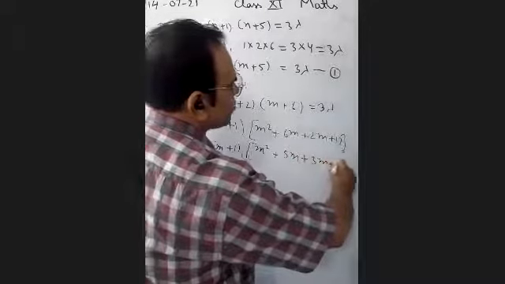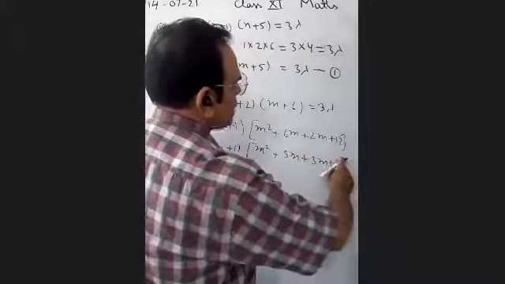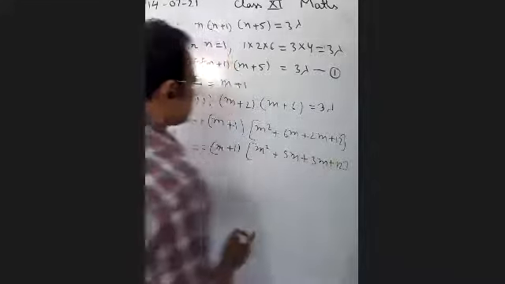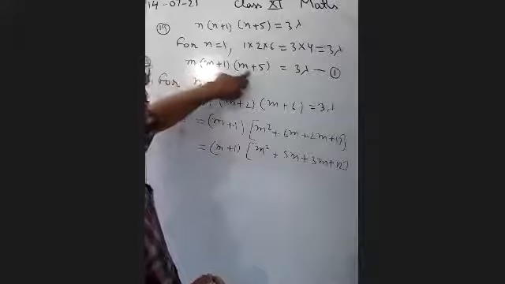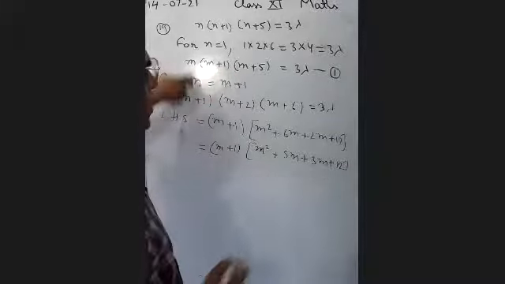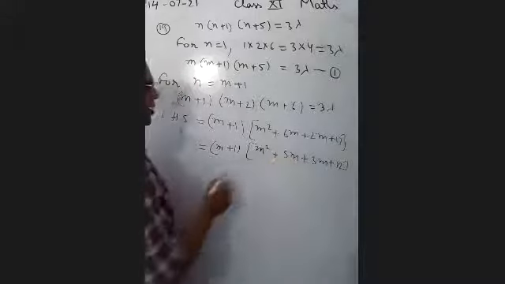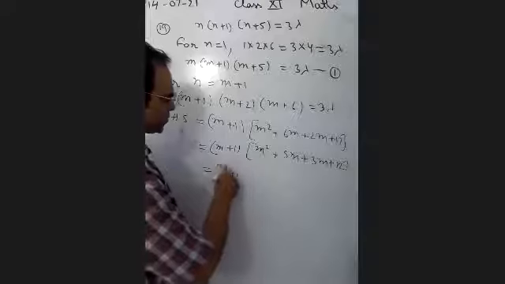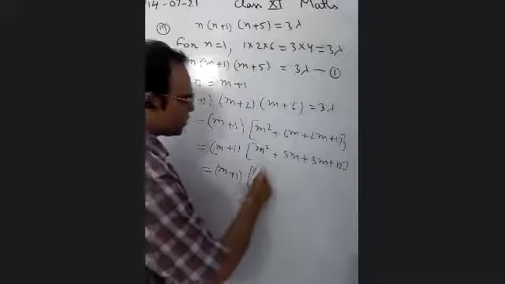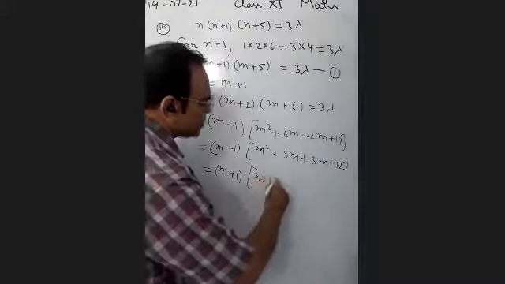Why I am doing so? Because I want to use this relation (m + 1)(m + 5), है ना, and we need m also. So here we can take m common. We can do it in this way: (m + 1). If we take m common here, I will get (m + 5).